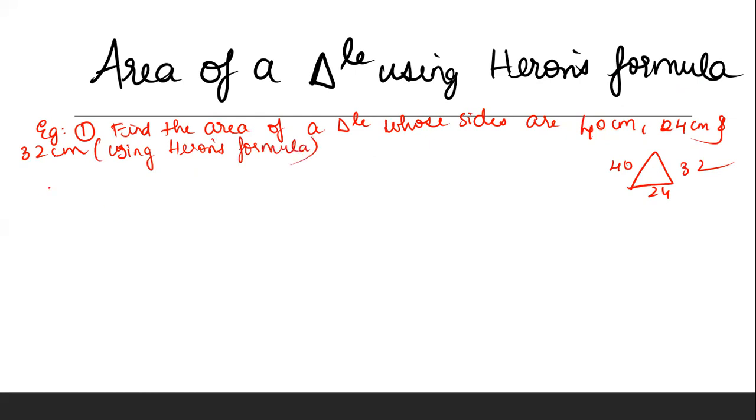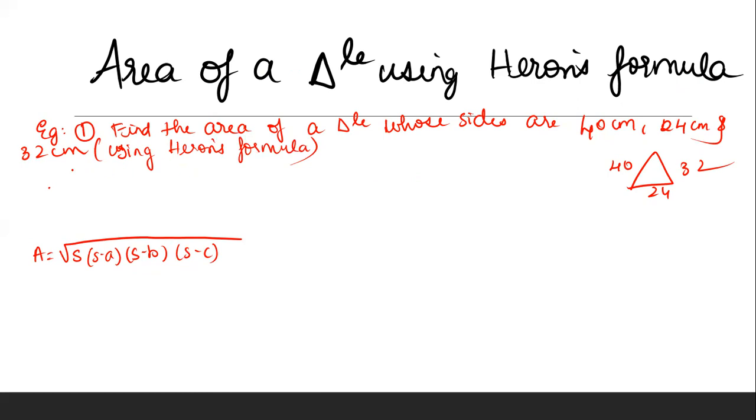Now, to find the area of a triangle using Heron's formula, we need to find the semi-perimeter. Let me write Heron's formula for you. A is equal to square root of S into S minus A into S minus B into S minus C, where A is the area. Correct? S here, as I told you before, is the semi-perimeter.